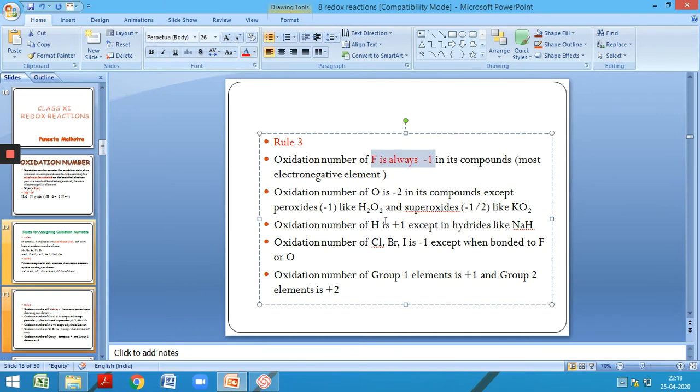It is 0 in its elemental state in F2. In F2, of course, because it is the elemental state, fluorine is going to be 0, while in any of its compounds, the oxidation state of fluorine is always -1.